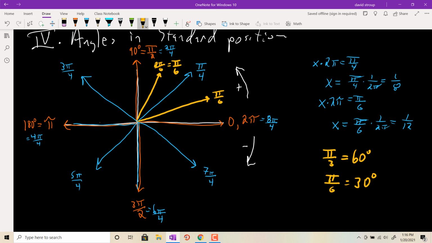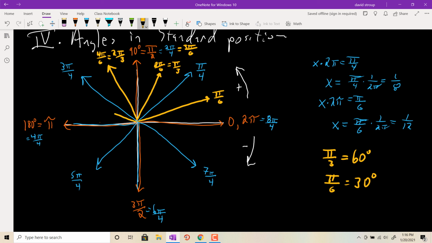Okay, so 2 pi over 6 is pi over 3. And then we have 3 pi over 6, of course, which is also pi over 2. And then 4 pi over 6, which is also 2 pi over 3.